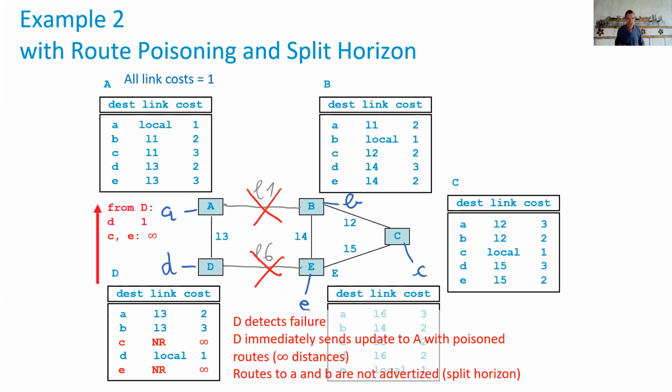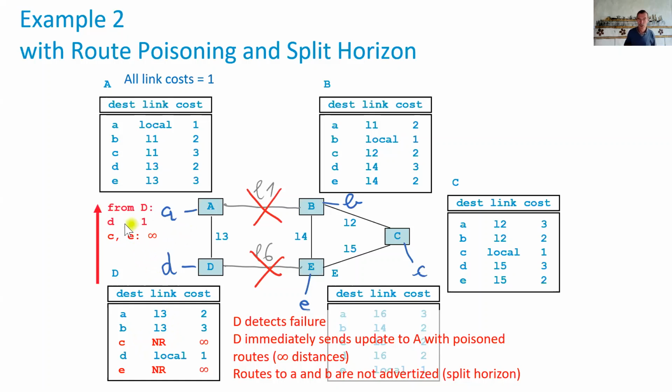Here's an example. Let's redo the previous scenario where those two links are broken and D detects the failure of the link to E, for example. Then D immediately will send an update to all neighbors, in that case it's A, that the values of C and E are now not reachable.